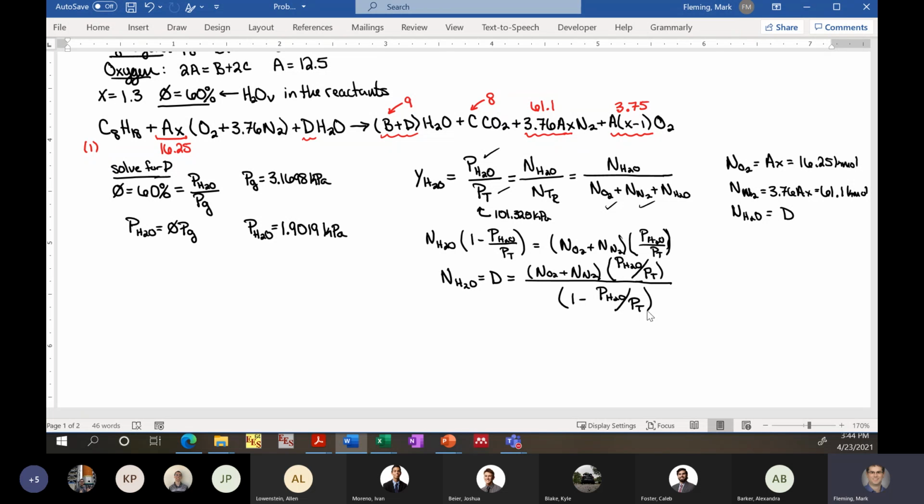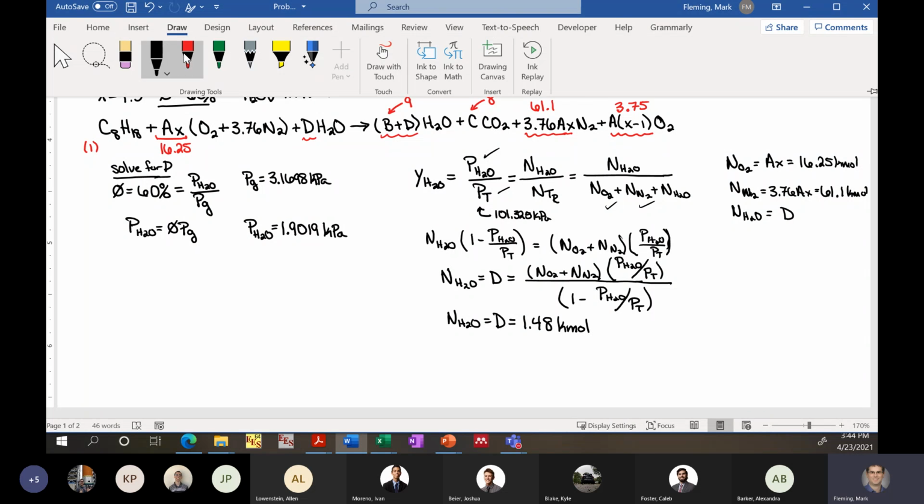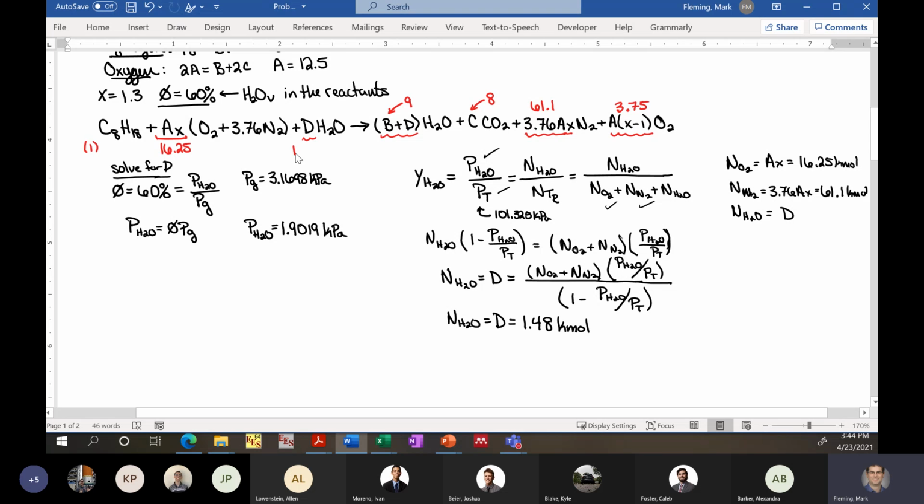Once we do the setup, we realize everything is now known. The number of moles of H2O, equal to the stoichiometric coefficient D, will equal 1.48 kmol. After all of that work, we come back up and plug in 1.48 for our coefficient D, which makes this combined parameter 9 plus 1.48, so 10.48 kmol.